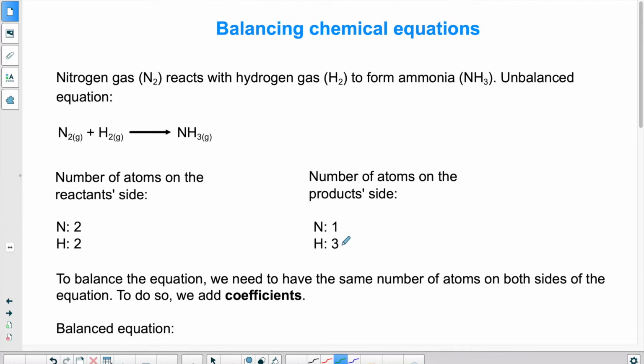In nature, when these reactions occur, the number of atoms that I count at the end of the reaction is the same as the number of atoms that there was at the beginning of the reaction. Nothing is created, nothing is destroyed, everything is just transformed or rearranged.